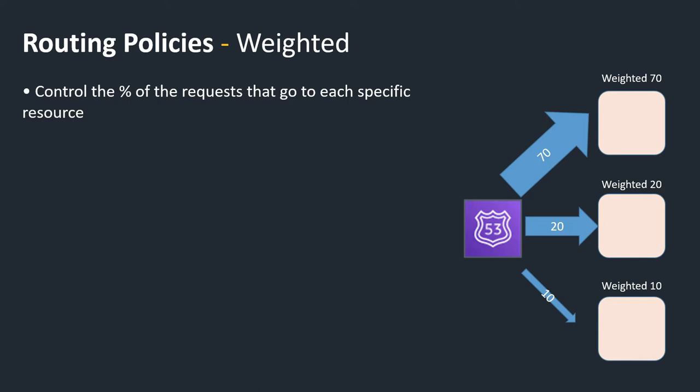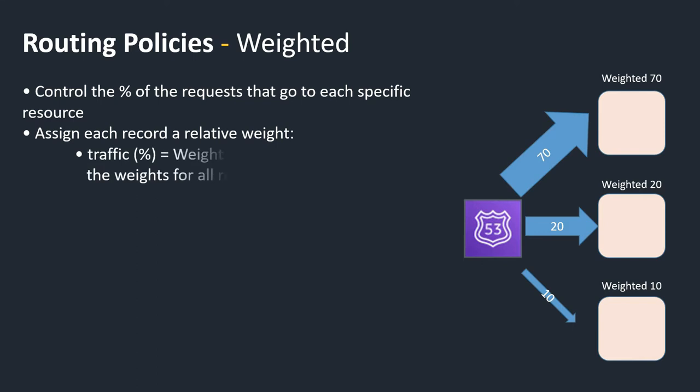What we have to do is assign each record a relative weight, and then the traffic percentage sent to each record is just the weight of the record divided by the sum of all the weights of all the records, which is like a percentage of all the weights.